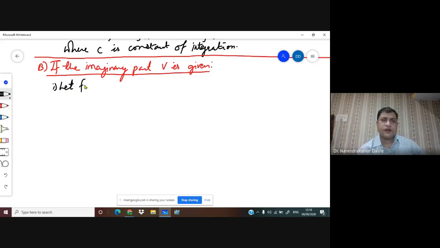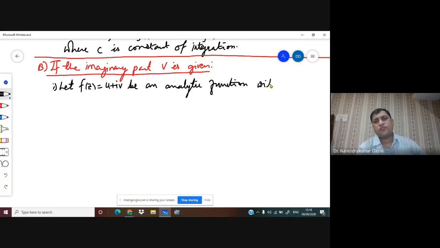So let f of z is equal to u plus iv be an analytic function with imaginary part v of x y. So this is the first step.